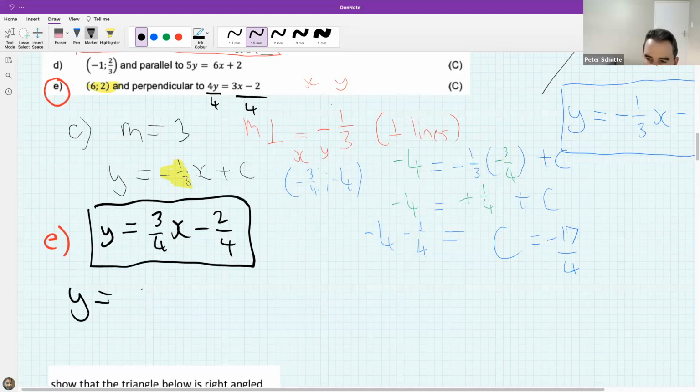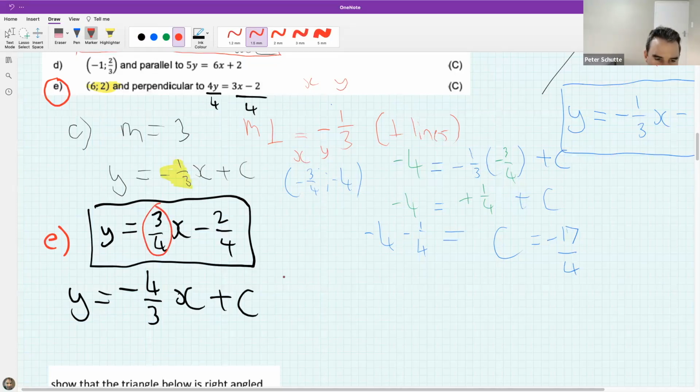So what is my, oh, yes, I see Lolita and Mayton were on the case there. So I think the gradient of my line is going to be minus 4 over 3. And the reason is I'm using the negative reciprocal because I know that they're perpendicular.